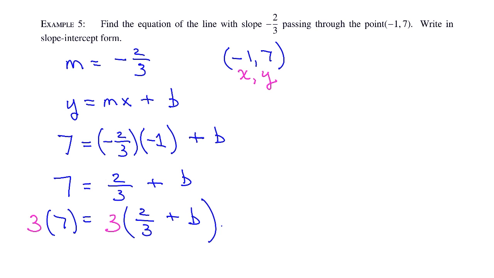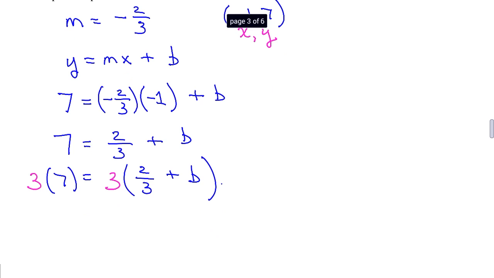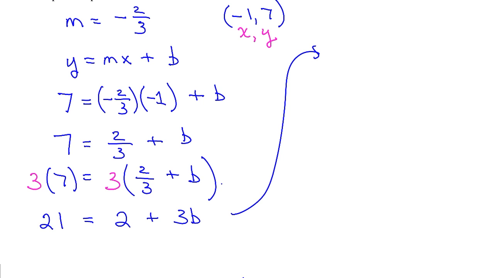That gives me 3 times 7 is equal to 3 times 2/3 plus b. 3 times 7 is 21. Distributing the 3 on the right side, we get 2 plus 3b. Moving the 2 to the left, 21 minus 2 is 19. That's equal to 3b. And then divide both sides by 3 gives us b is equal to 19 over 3.